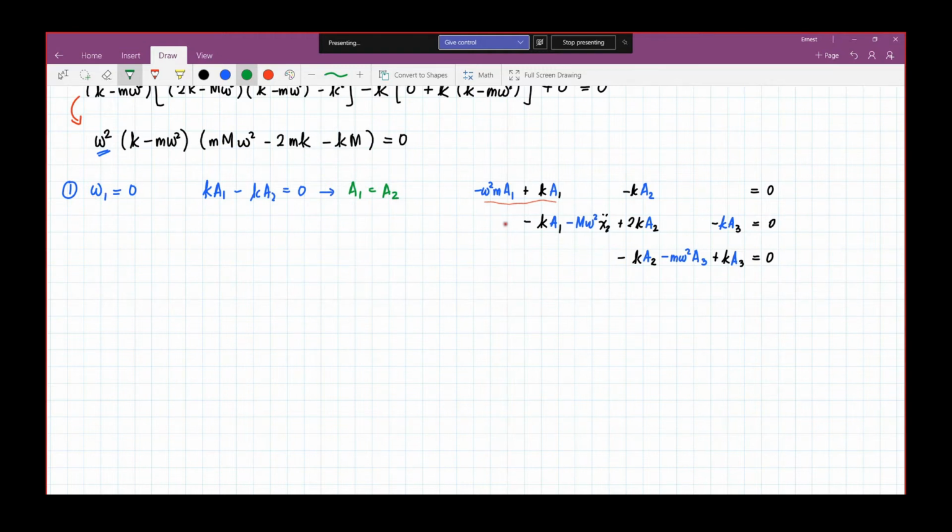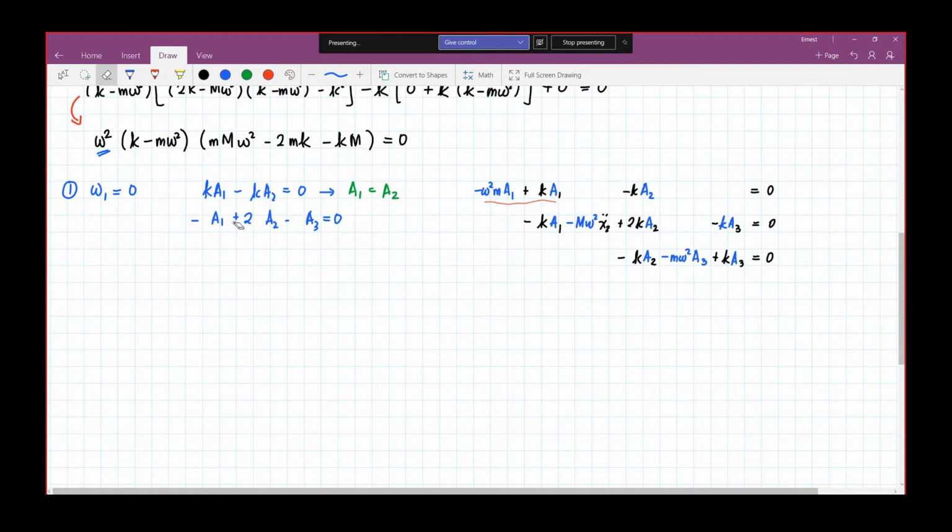Again, substituting this here, we end up with negative K A1 plus 2K A2 minus K A3 equals 0. So K will cancel.